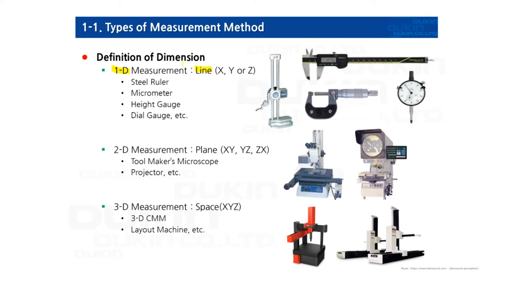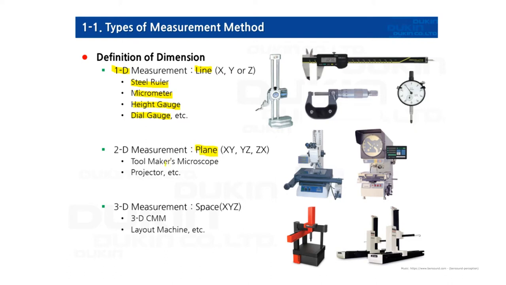And also rulers, micrometers, height gauges, dial gauges, etc. And if you duplicate this straight line, the first dimension, and put it together perpendicularly, it becomes second dimension. It is a plane that has 2 degrees of freedom.